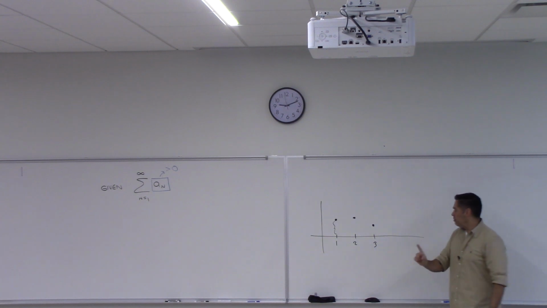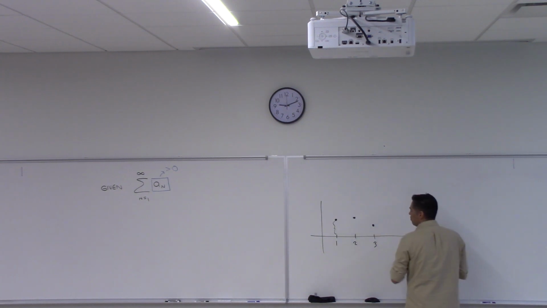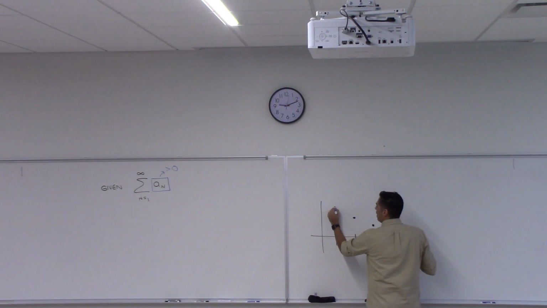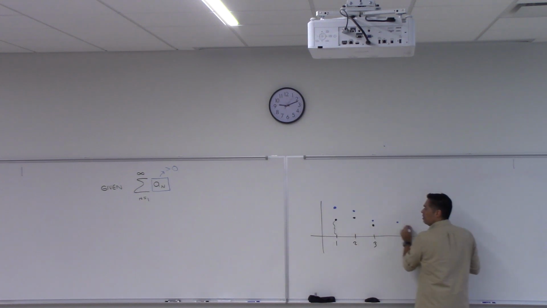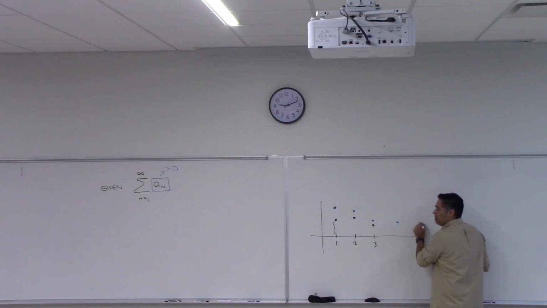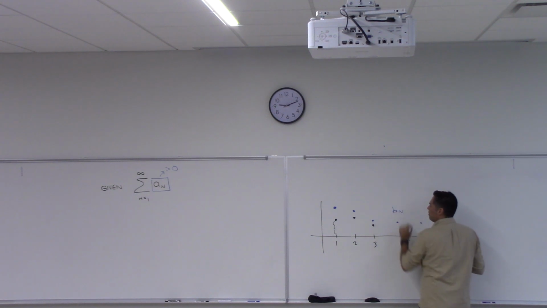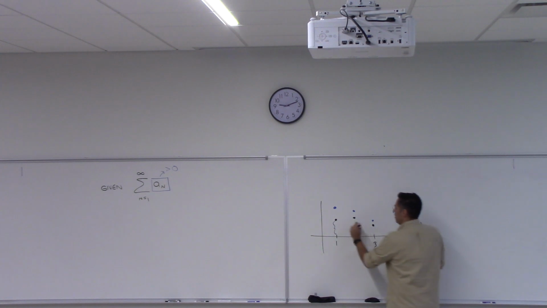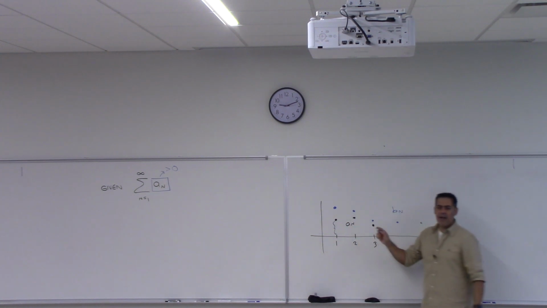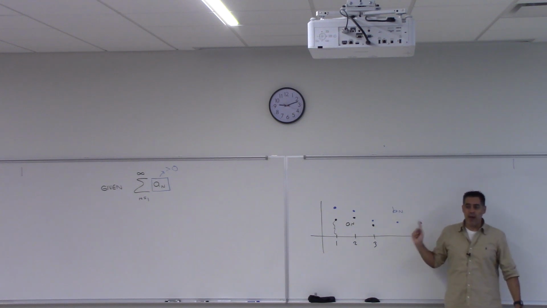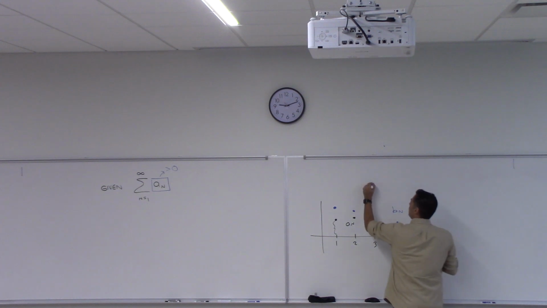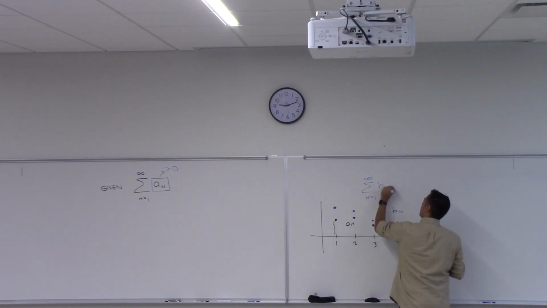What if I told you that this sequence of numbers was always smaller than some other sequence? This sequence in blue, I'm going to call it b sub n instead of a sub n. The a sub n is the one in black. What if I told you that every blue dot was bigger than or equal to every black dot, and I told you that this series converged?